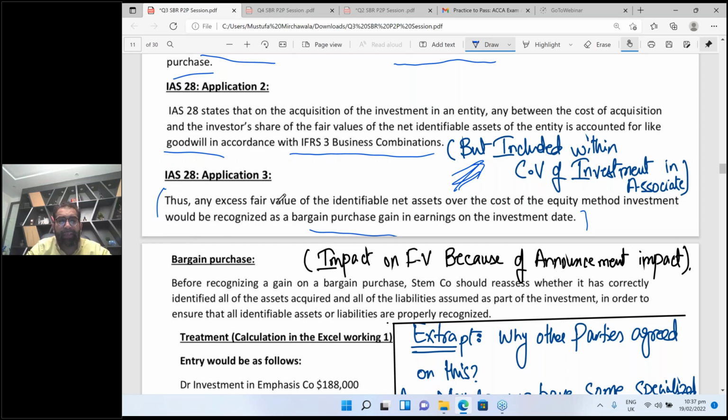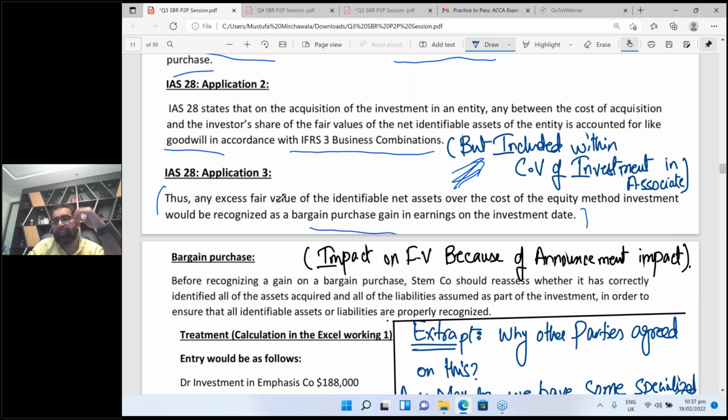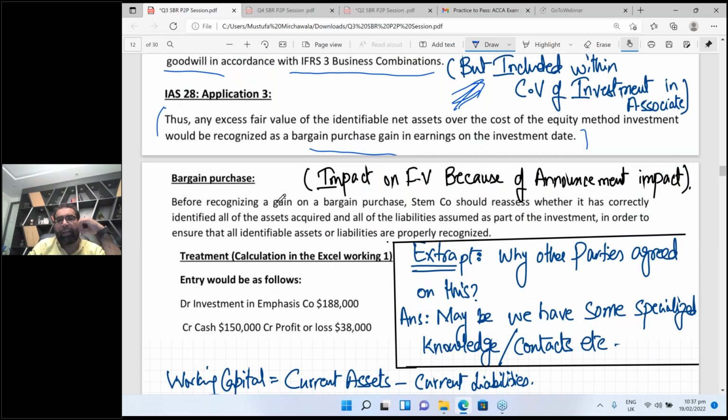Now let's give the reason for this bargain purchase. Before recognizing a gain on bargain purchase, the company should reassess. We should check whether it has correctly identified all of the assets acquired and all of the liabilities assumed as part of the investment, because net assets are equal to assets less liabilities.